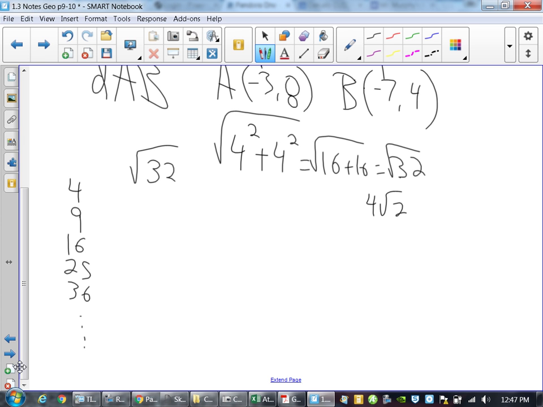So this would factor to become the same thing as square root of 16 times the square root of 2. So that's why you get 4 root 2. That's how that works. Instead of doing prime factors, you're looking for perfect square factors. Okay? And I know you guys all did that in your Algebra 1 classes, it's just been a little bit of time since you've done that.